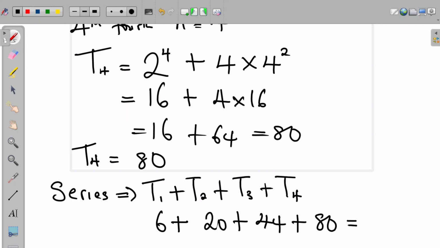So therefore, 6 plus 20 is 26. 26 plus 44 is equal to 70. And 70 plus 80 is equal to 150. So therefore, the series for the sequence is giving us 150.